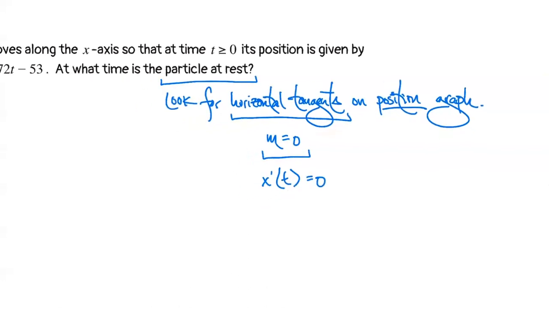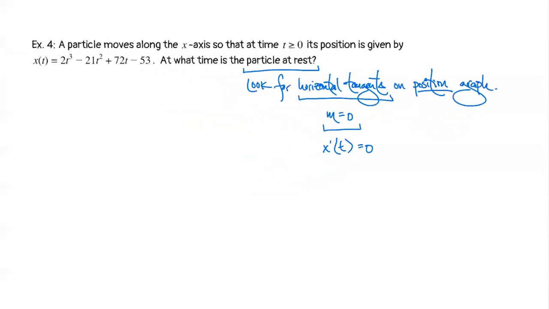Okay, so let's zoom back out for a moment and focus on this concept. When we're saying at what time is the particle at rest, this is a really good thought process to go through. Particle at rest means we're going to look for horizontal tangents on the position graph. That means that the slope is 0 on the position graph.